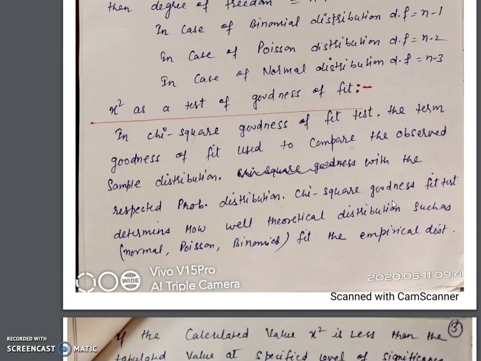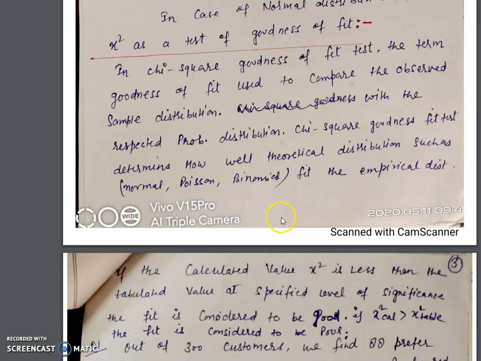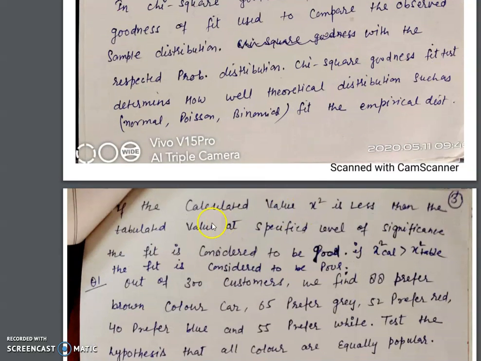The chi-square goodness of fit test determines how well a theoretical distribution such as normal, Poisson, or binomial fits the empirical distribution. If the calculated value of chi-square is less than the tabulated value at the specified level of significance, the fit is considered to be good, otherwise it is poor.